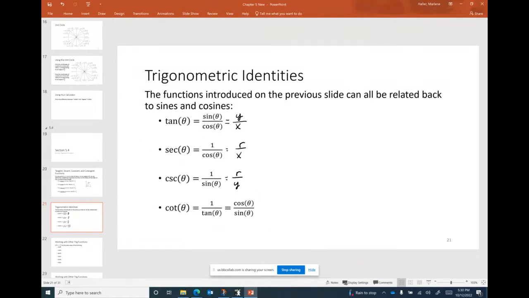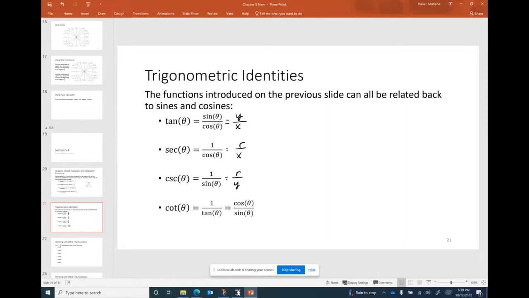So the ratio definitions and these identity definitions are not that hard to remember, because x always correlates to the cosine, y always correlates to the sine. If it's the unit circle, x is the cosine and y is the sine.